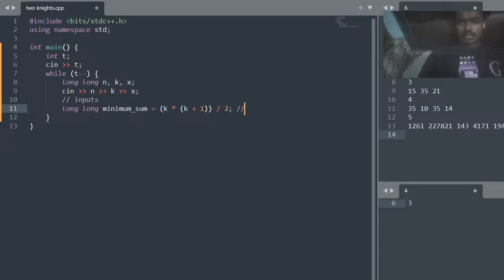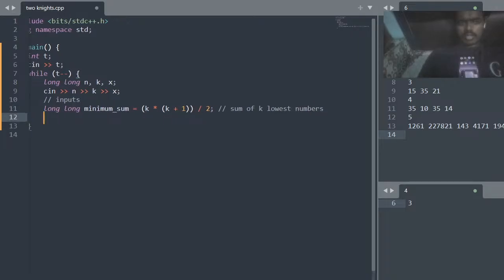So this is because it is the sum of the k lowest numbers, right.